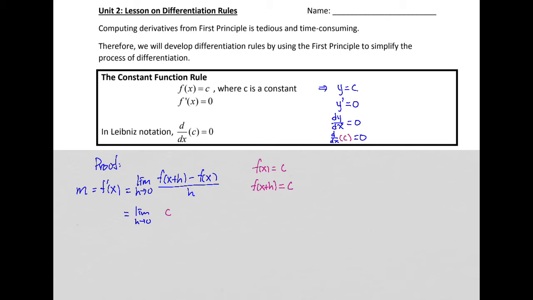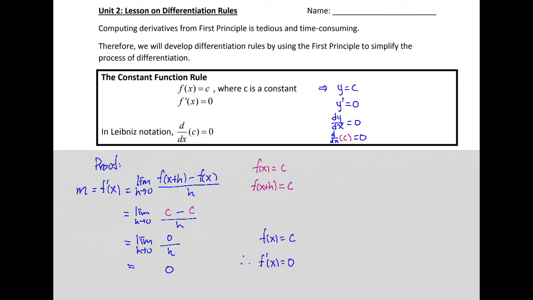So we say c minus c over h, which is the limit as h approaches 0 of 0 divided by h, and we know 0 divided by anything will be 0. Therefore, if f(x) equals c, then f prime, which is slope of tangent, will be 0. As you can see from the proof, slope will be 0.